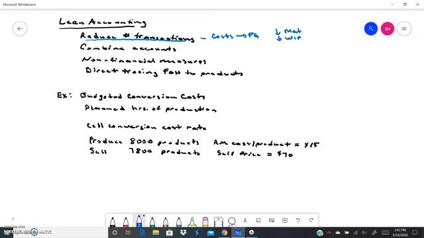The other thing we're going to do is combine accounts. So instead of having raw materials or materials plus work in process, we're going to combine those into what's called raw and in-process inventory.